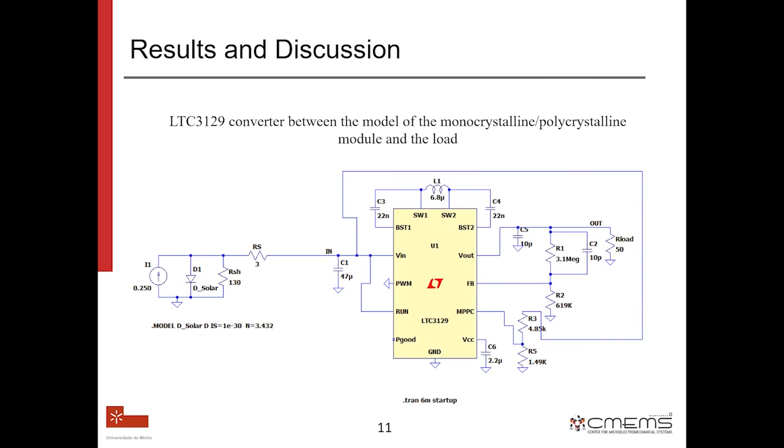So to maximize the power extraction from the module, we placed the LTC3129 converter between the equivalent circuit of the photovoltaic module and the 50 ohm load. Then we simulated in a transient simulation from 0 to 6 milliseconds. We also did the simulations for various reference voltages, so we can see the impact of the MPPC reference voltage on the power extracted.